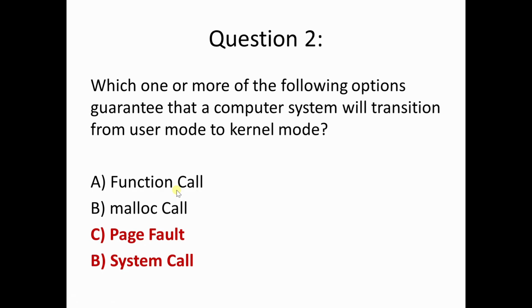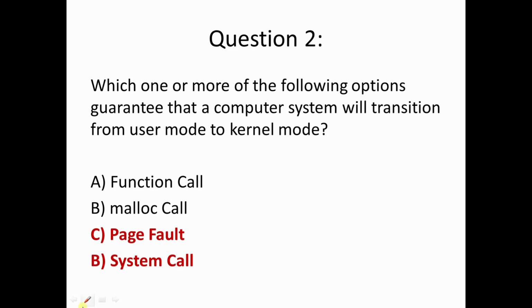In page fault, a trigger may cause the transition to kernel mode, because a page fault occurs when a program needs to access a page of memory that is not currently in the physical memory. So there is a chance of needing to allocate physical memory or swap pages in or out of the memory.